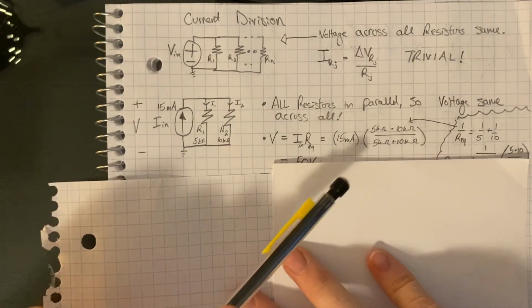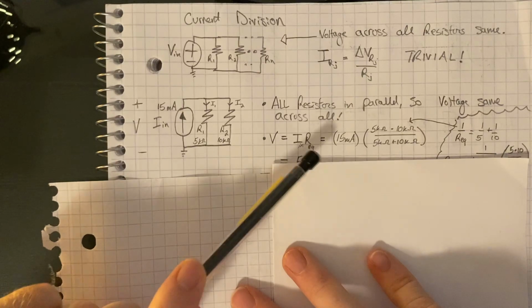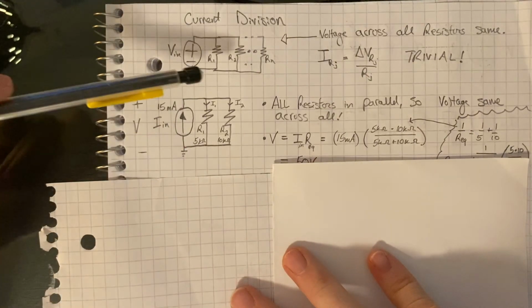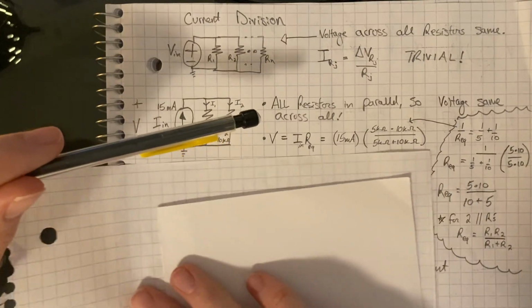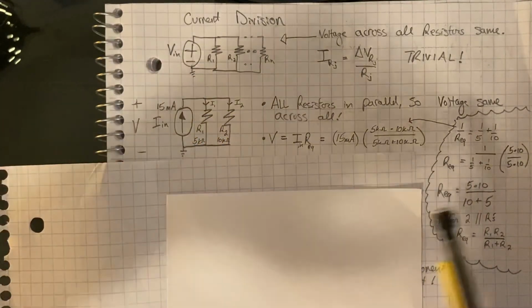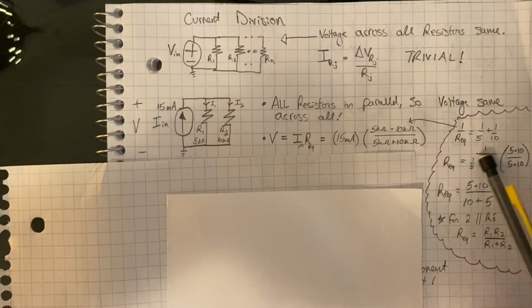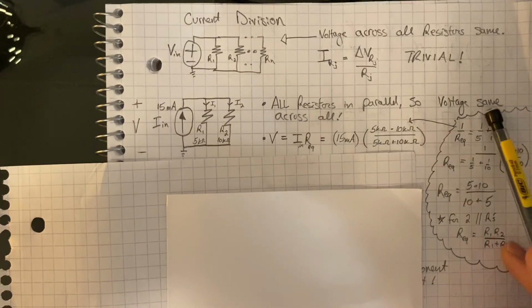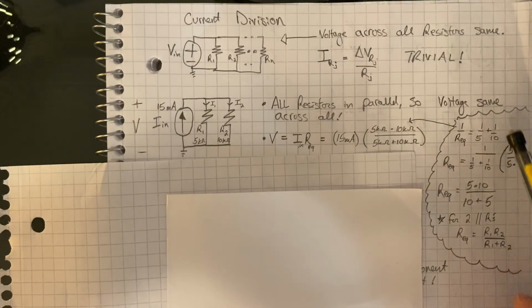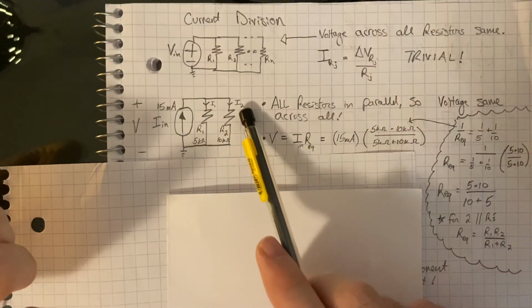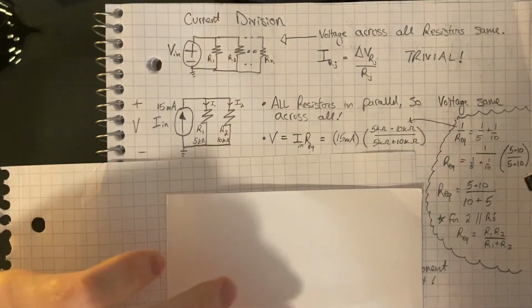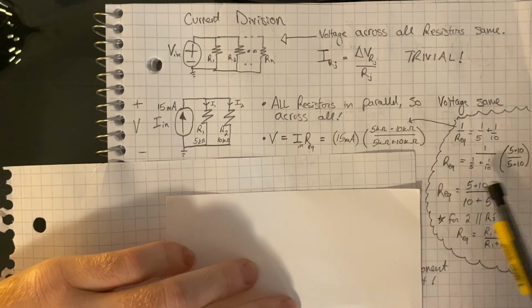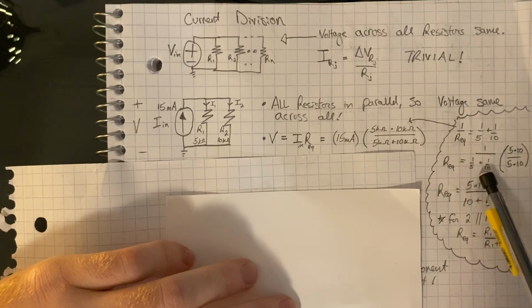So let's do that. We have V equals IR, 15 milliamps, which is our I in, times the equivalent resistance seen. So a quick derivation of the equivalent resistance, you know, from physics class and whatever: 1 over the equivalent resistance equals 1 over R1 plus 1 over R2 plus 1 over R3 if there is a third one here. So if we just take the inverse of each side, we know we have REQ equals 1 over (1 over 5 plus 1 over 10).